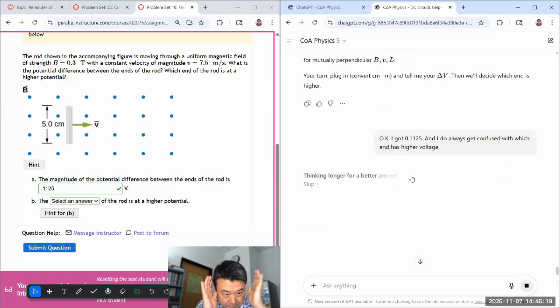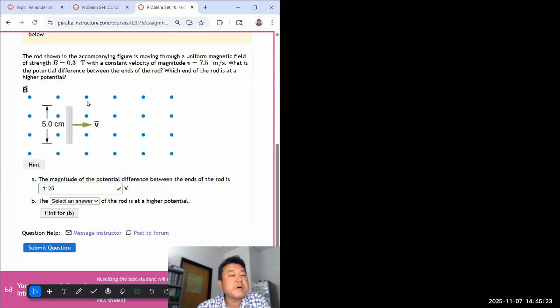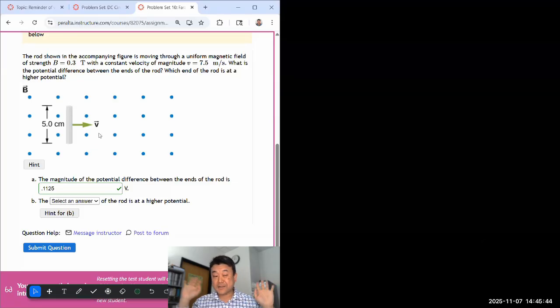So if I'm trying to do this right now, hiding ChatGPT, I would say V cross B points downward. So that's like having an electric field pointed downward. So maybe the top is the one with the higher voltage. That's my guess right now.